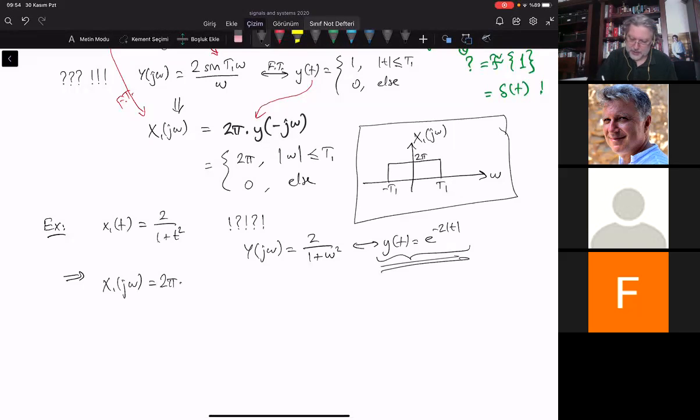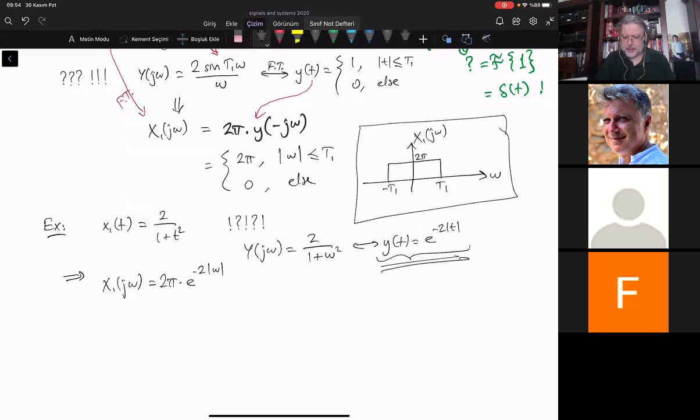So it will be e to the minus 2 times omega. Salihcan says, shouldn't it be e to the minus t? No, it's not e to the minus t, it's e to the minus absolute value of t. We didn't do it, and we're going to do it, no problem.